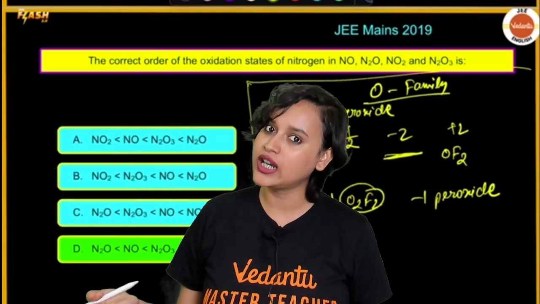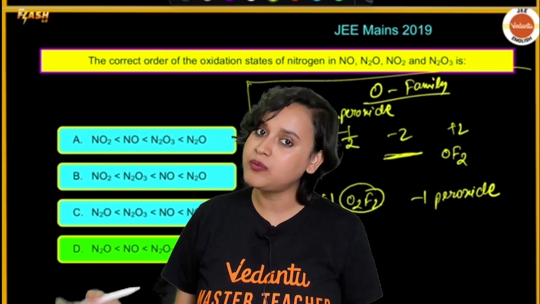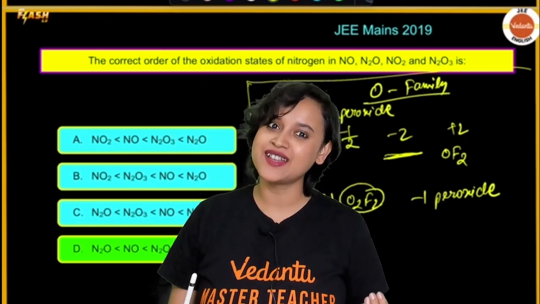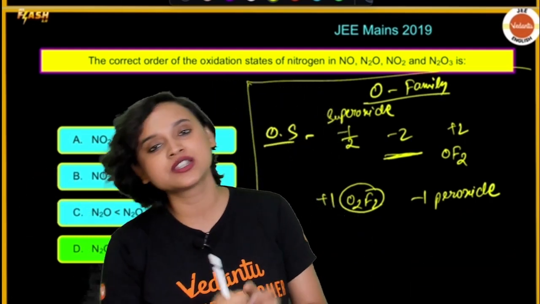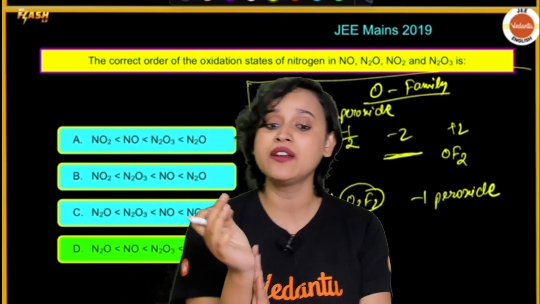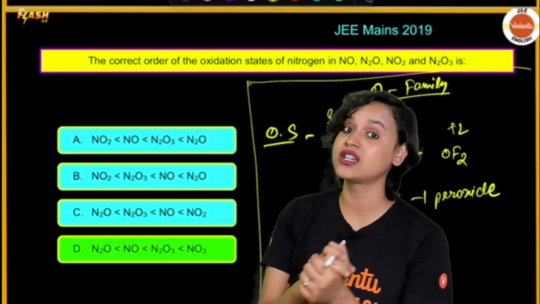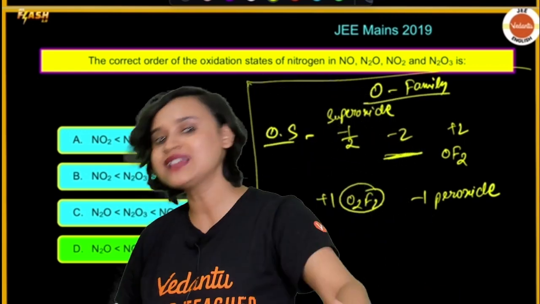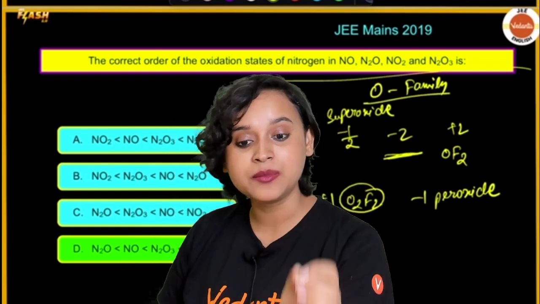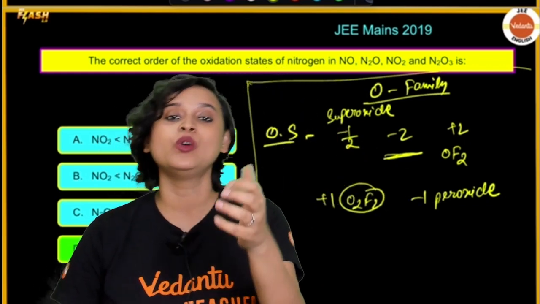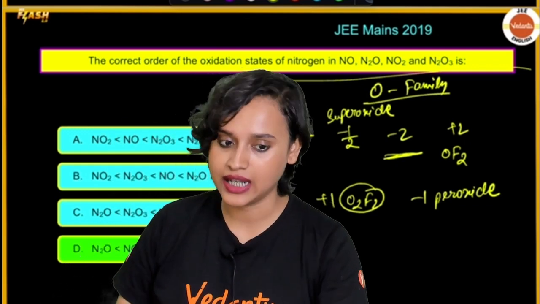Will it be able to gain electrons? Electron gain enthalpy will obviously decrease as you go down the group because the size is increasing. And due to the inert pair effect, the stability of the lower oxidation state, that is +4, will increase, and the stability of the higher oxidation state will decrease.